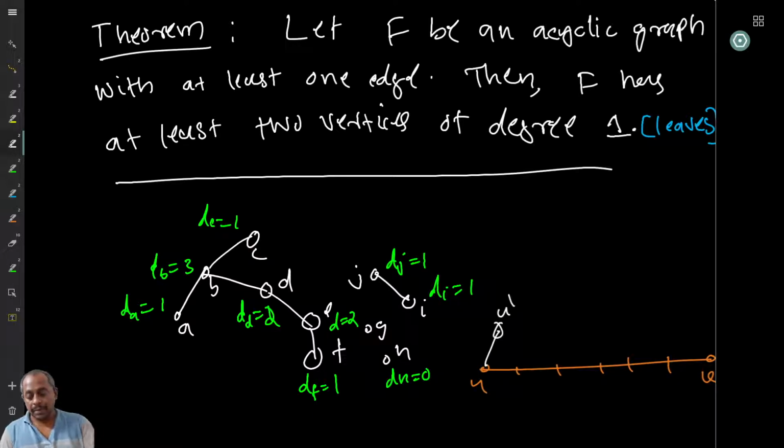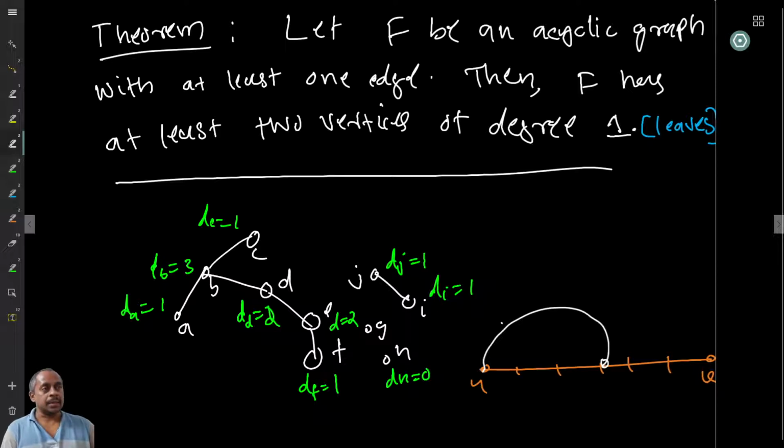Now, suppose it has a neighbor inside the path. Then you already have the connection between these two vertices along the path uv, and then you have this additional edge, which creates a cycle. But we started with the assumption that the graph is acyclic.